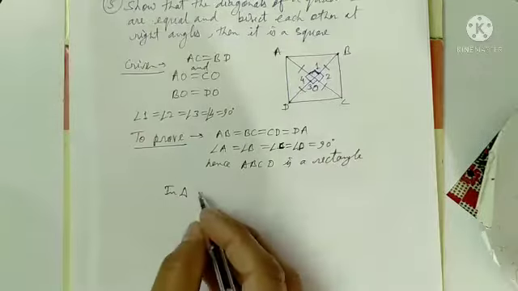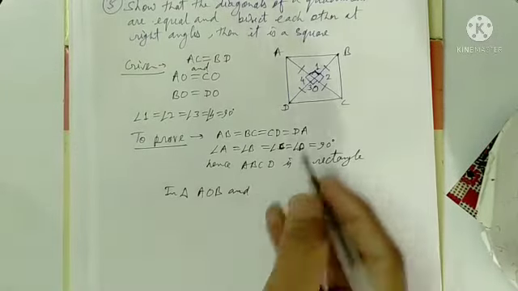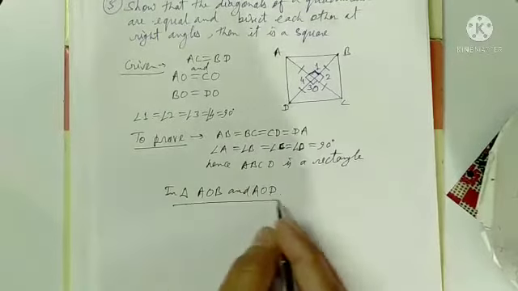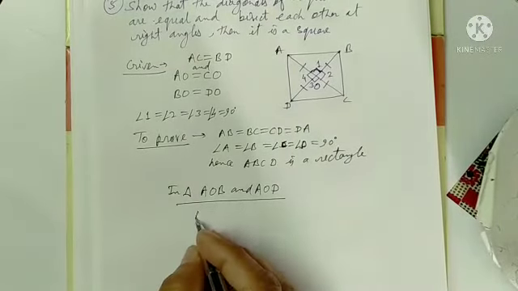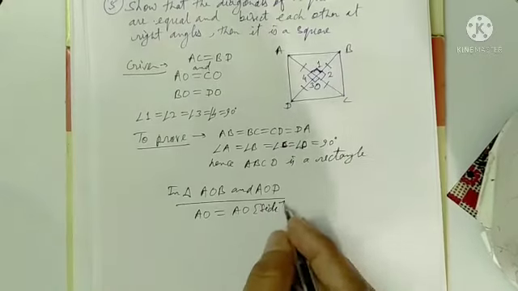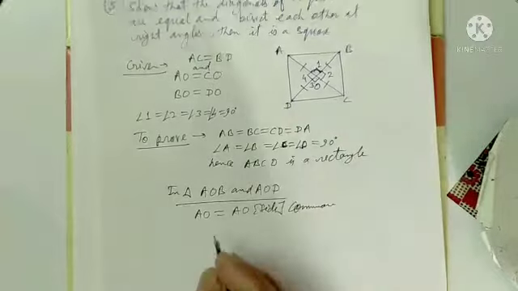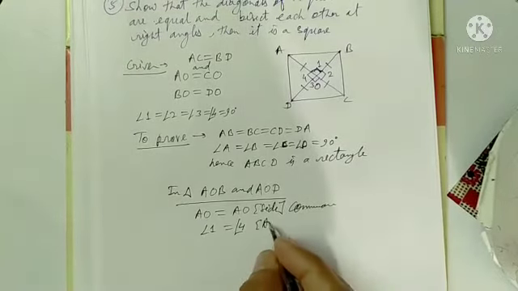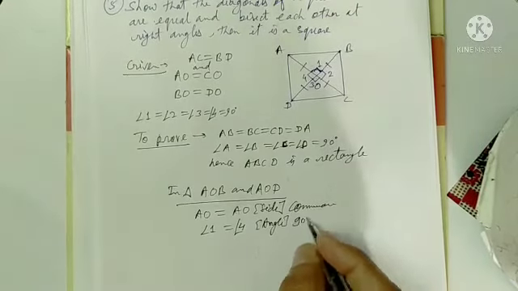Triangle AOB and triangle AOD. Now what you can observe over here: AO is equal to AO, that is a side and the reason is that it is a common side. Then angle 1 is equal to angle 4, that is an angle and the reason is 90 degrees, given already.